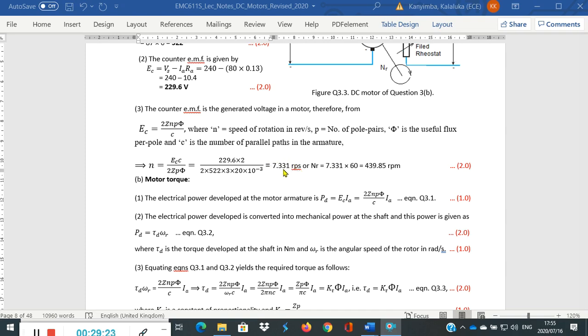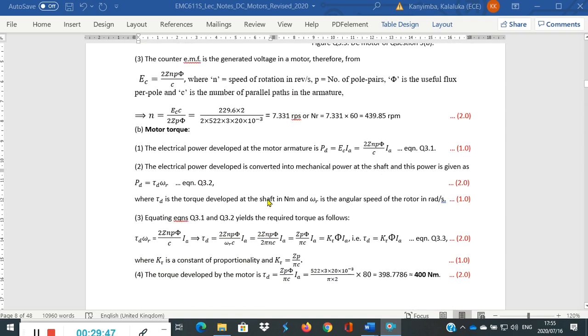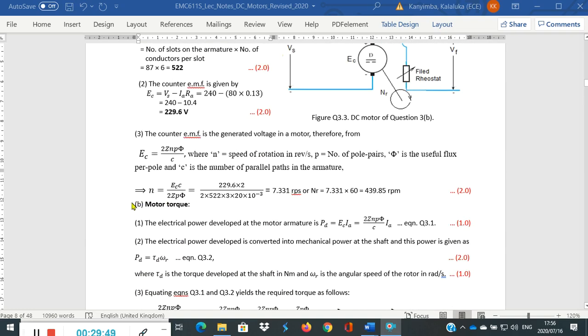Multiply this by 60 to change it to revolutions per minute. So 7.331 times 60 is equal to 439.85 RPM. Once again, 2 marks, 1 mark for the formula and the reasoning there, the other mark for the calculation and the answer. That was the first part, the speed of the motor.